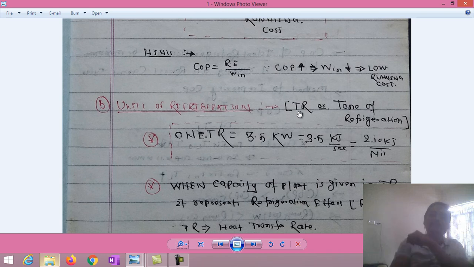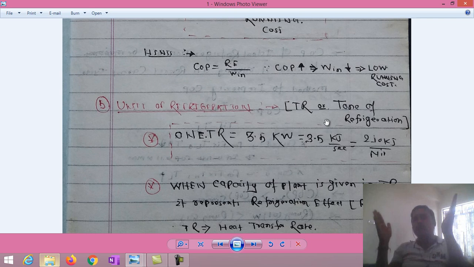For understanding this TR, we are explaining one example so that it can be understood in a better way. Suppose we are taking 1 ton of water which is at 0 degree centigrade.